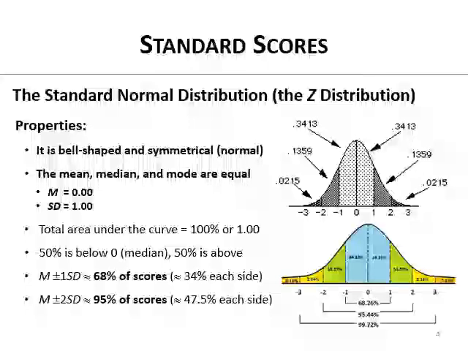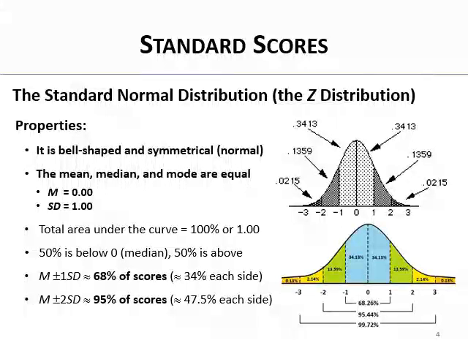So the mean plus and minus 2 standard deviations is going to give you the middle 95% of all scores in that distribution. So that is particularly useful. We use that for hypothesis testing. So 95% of all scores are within 2 standard deviations of the mean in the z-distribution.